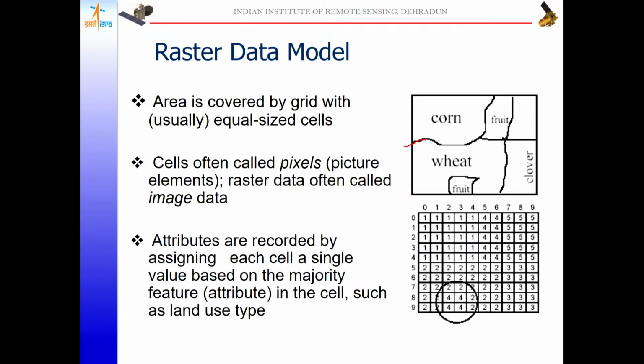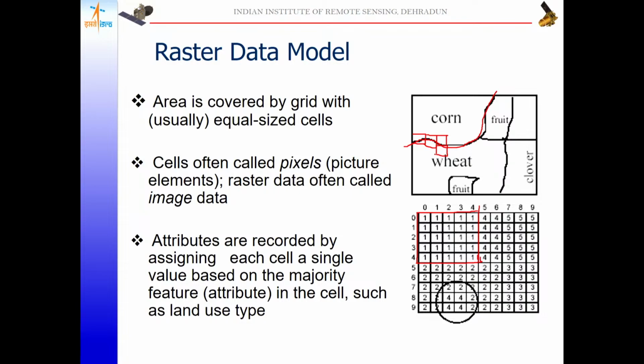in this case you have this boundary of cornfield which is not very straight. However, when this corn is stored, you can see in this region corn is stored which is perfect square region. So this happens because of the limitation of this data model. So area will be divided in the form of pixels. So one pixel will come here, one pixel will come here, and one pixel will come here, and this pixel another pixel.